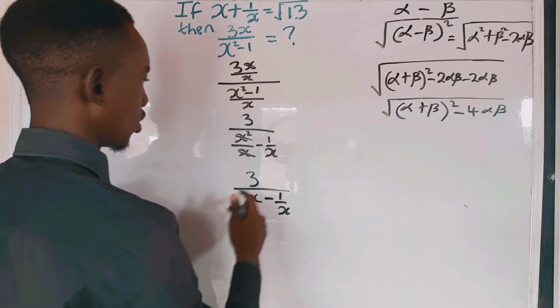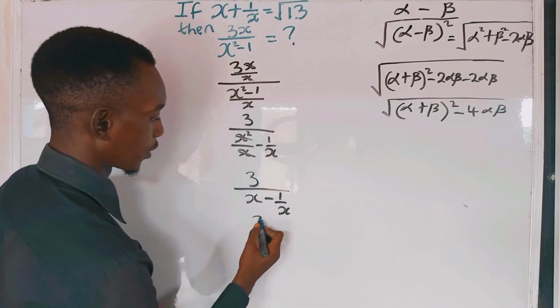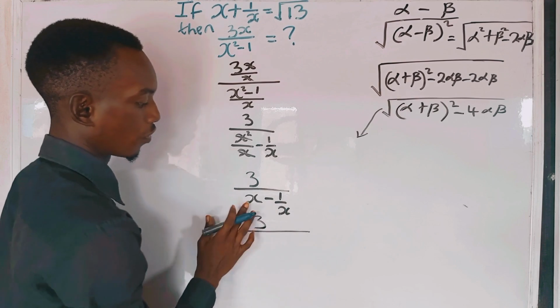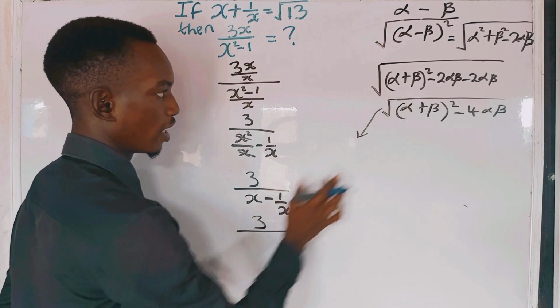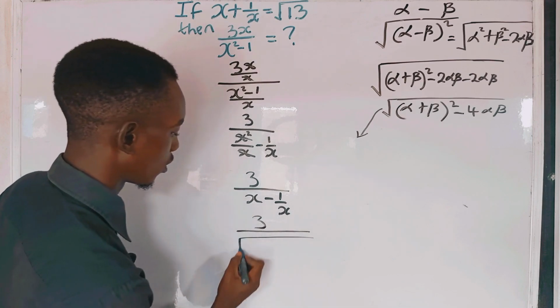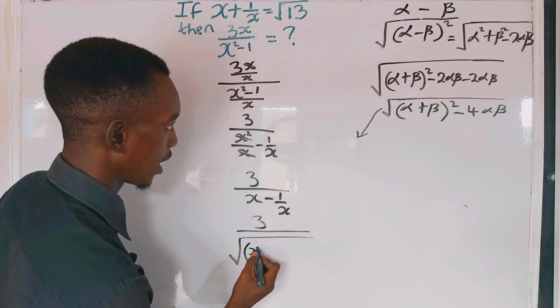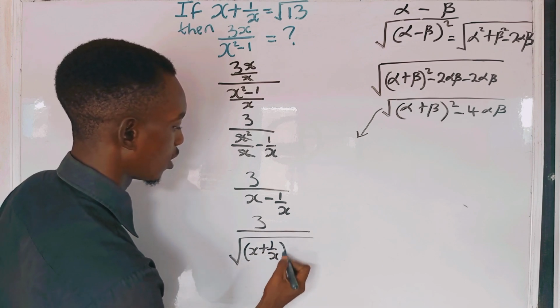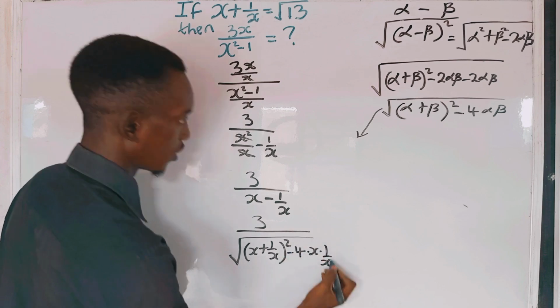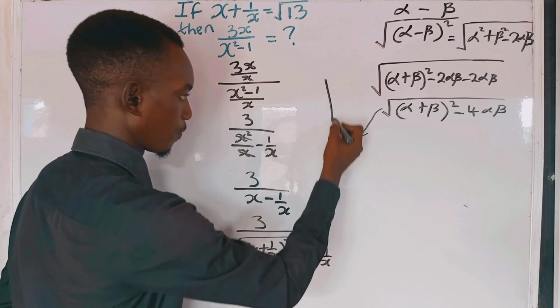I haven't done anything wrong. So we're going to have 3 all over... Now we're going to use this substitution here. But instead of x, we have alpha. 1 over x, we use beta. So we're going to have the square root of (x plus 1 over x) all squared minus 4 times x times 1 over x. Okay?